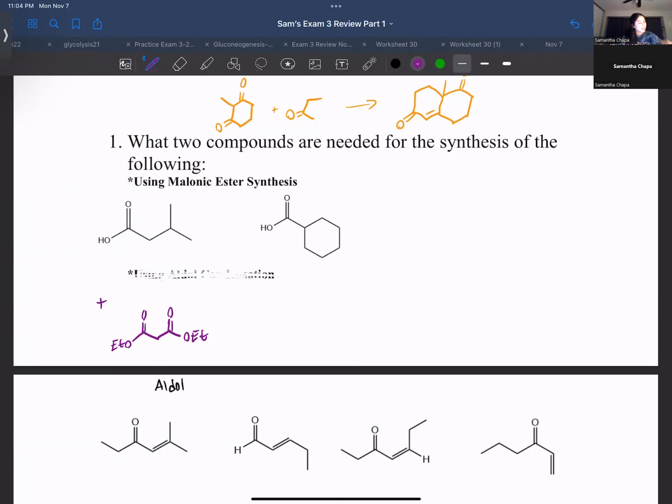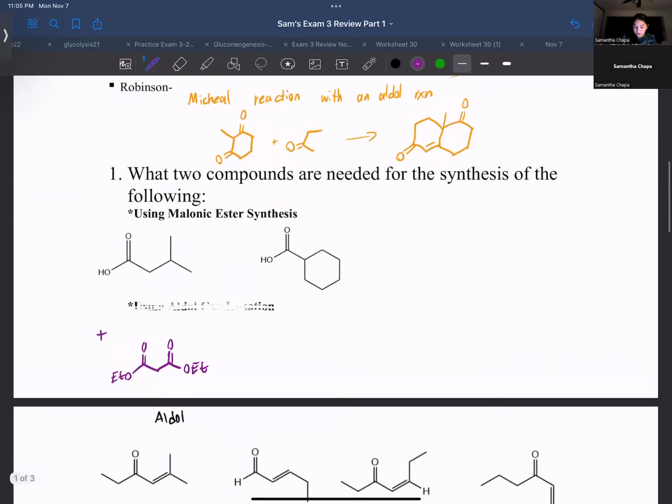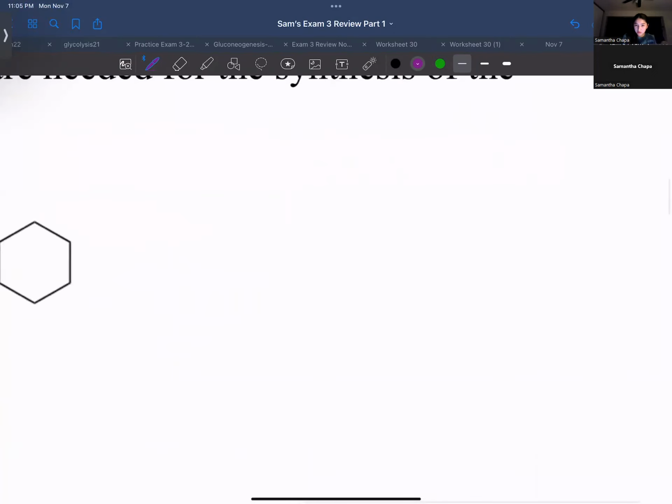I guess I kind of need to show you a reaction before I do this. Let's see. Here's one that I had on one of my worksheets.